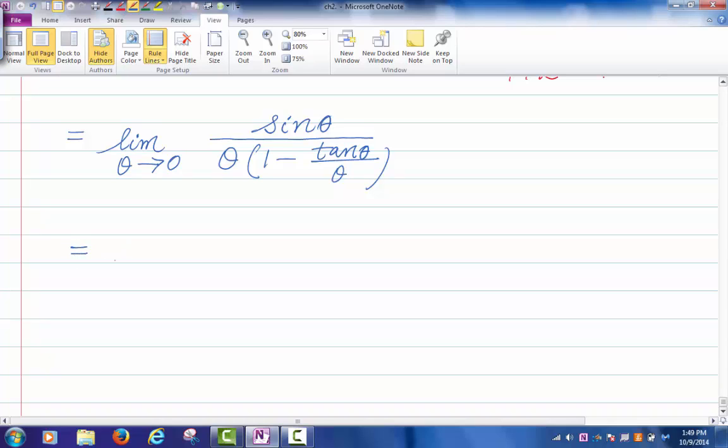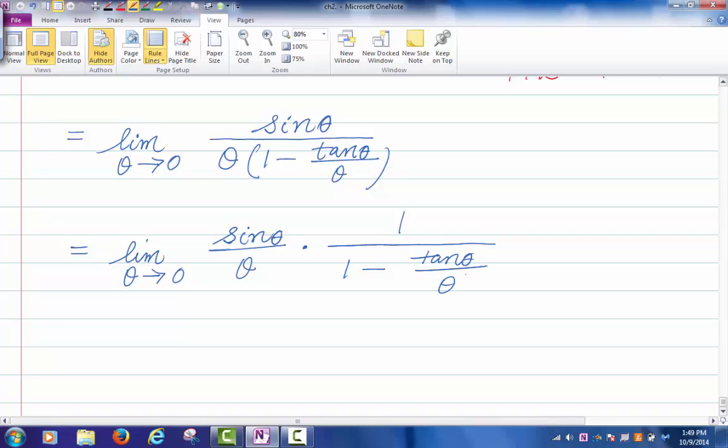So let's rewrite this. I have the limit as theta goes to 0 of sine theta over theta times 1 over 1 minus tangent theta over theta. You agree with that?